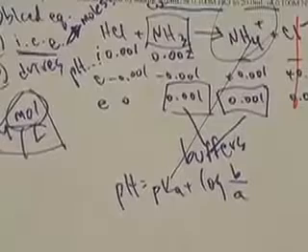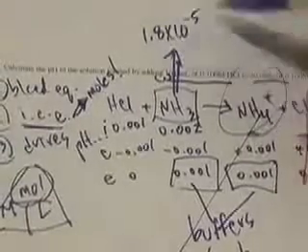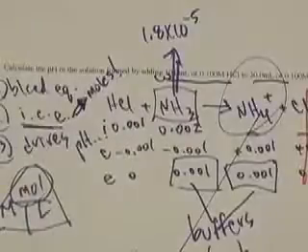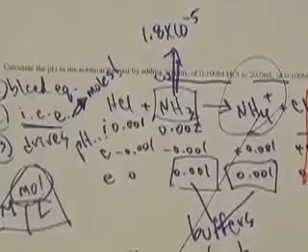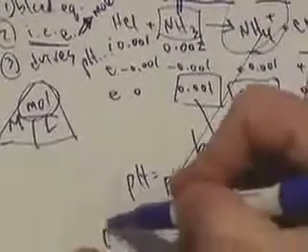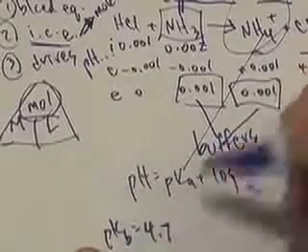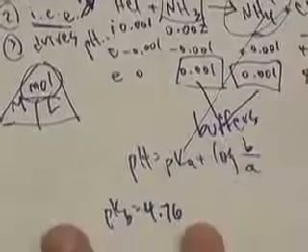And I think the Kb for NH3 is 1.8 times 10 to the negative fifth. And if we take the negative logarithm of that, we get about 4.7, pKb. I'm going to approximate it, 4.76 or so.